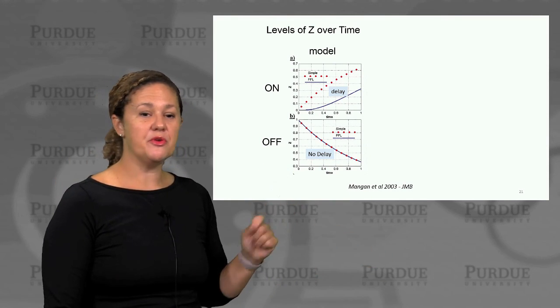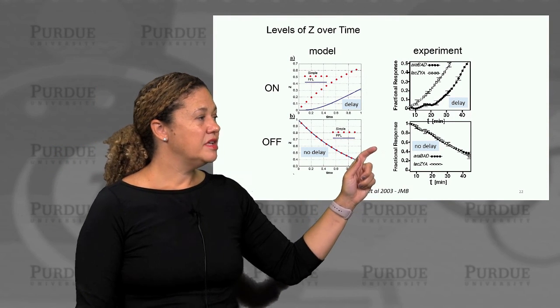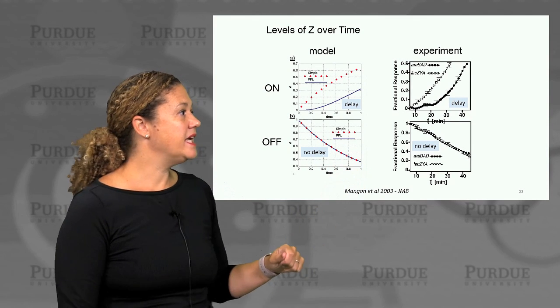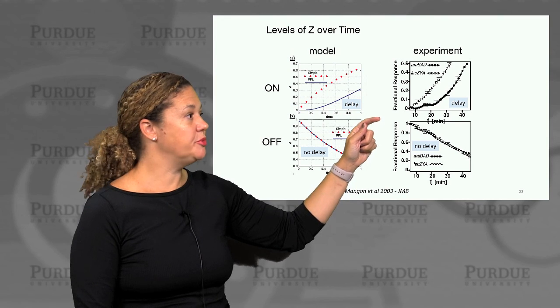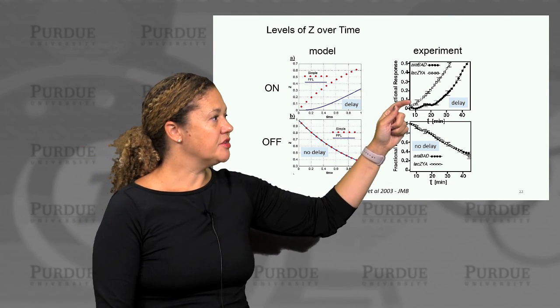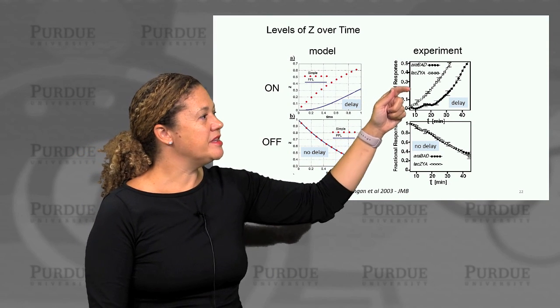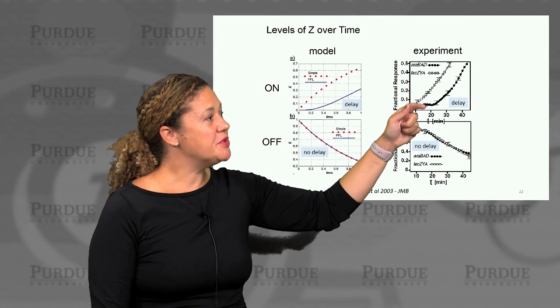Okay? So what about the real system? So in the experiment now, they saw the same sort of behavior. Again, so our arabinose system, the simple in the open circles and the feed-forward loop in the closed circles.